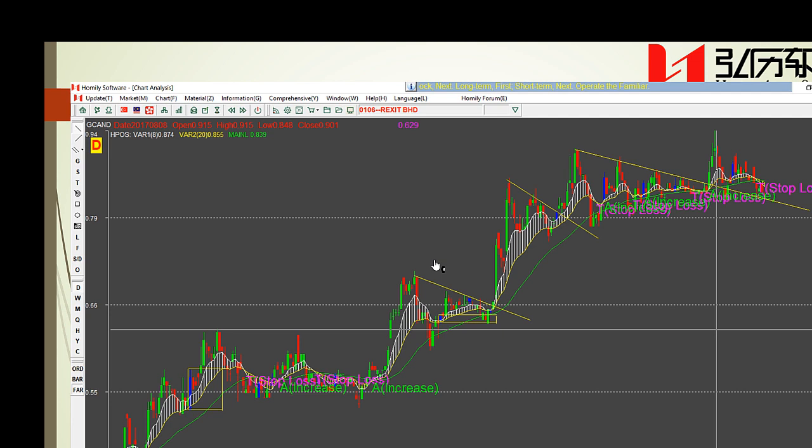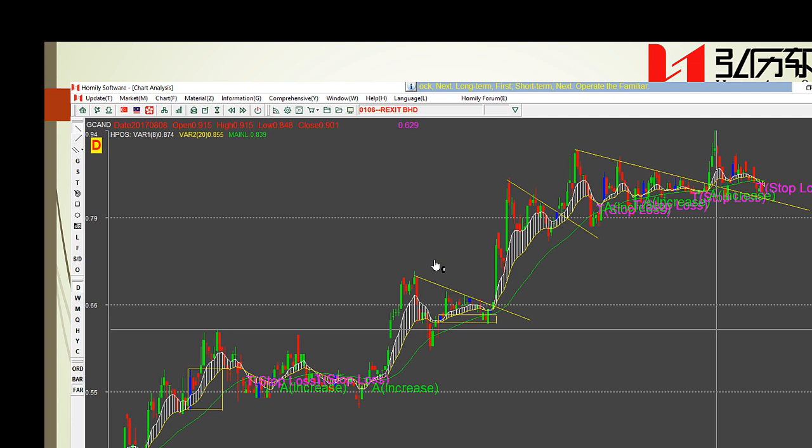If we know about technical analysis, we can draw a downtrend line like this, and if we find out that at this point the price can break out, we will regard this point as the breakout.